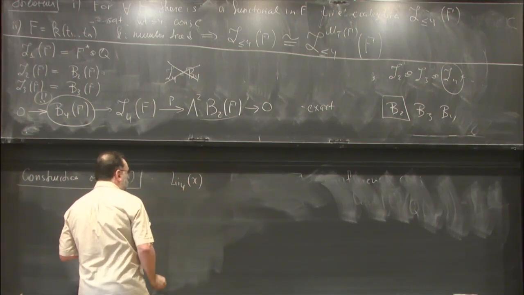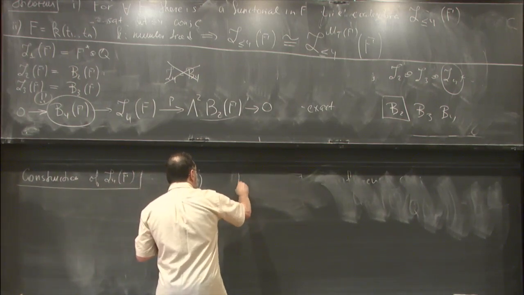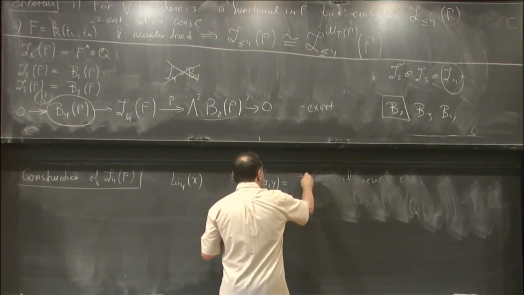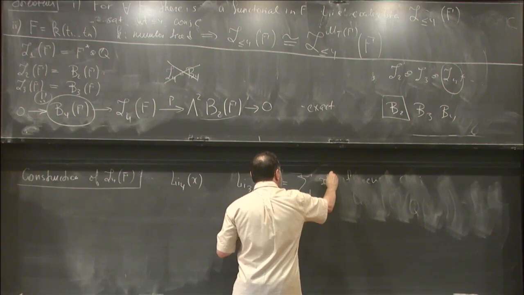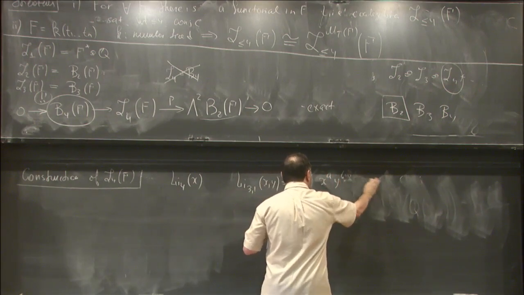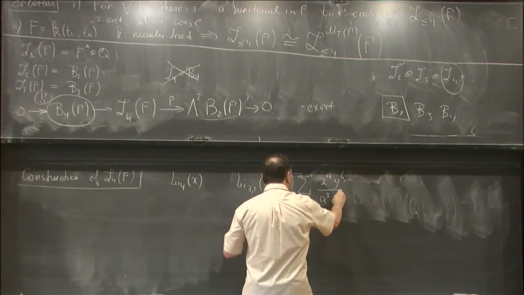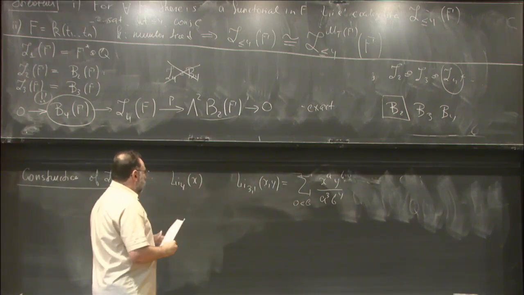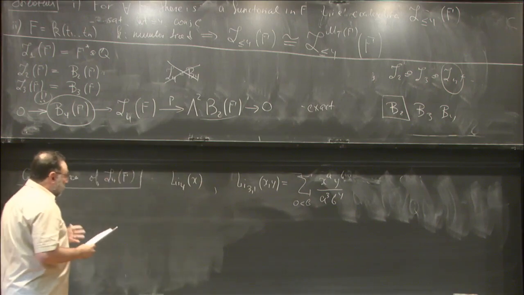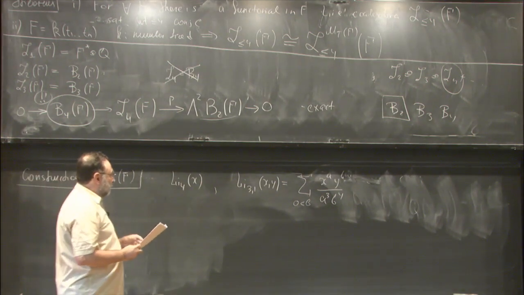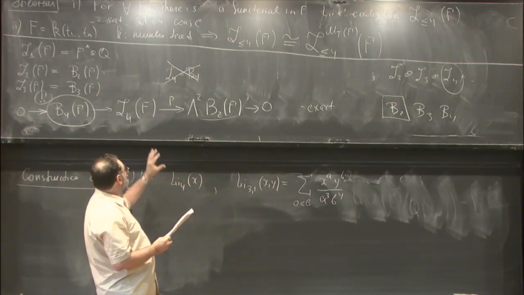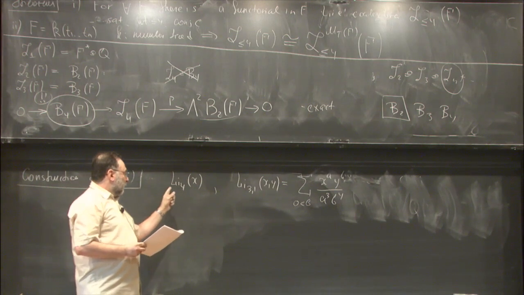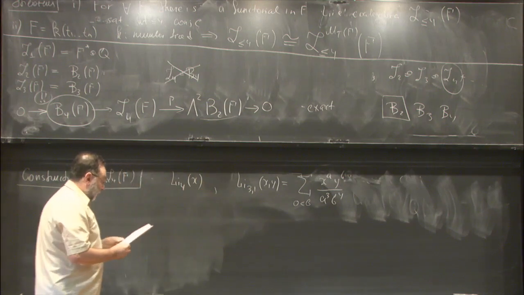One of them is the full log, and the other one is the Li_{3,1} of x, y, which can be defined again by power series, something like x to the a, y to the b, divided by a cubed b, so a less than b. And again, it's a function of weight 4. So first of all I want motivic incarnations of these functions, and I want a vector space which knows everything about all relations these functions satisfy.